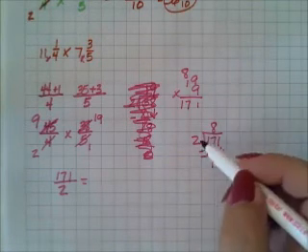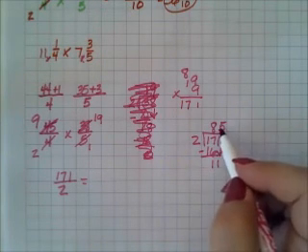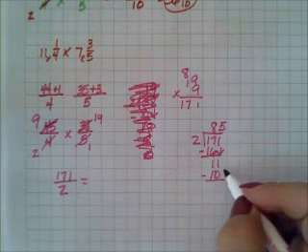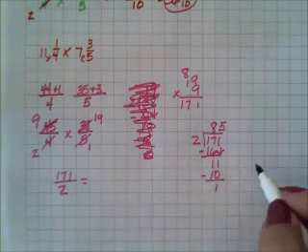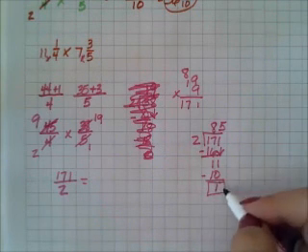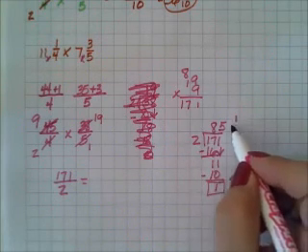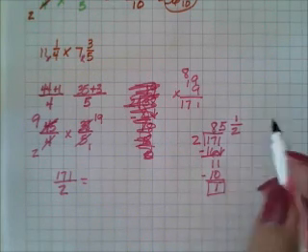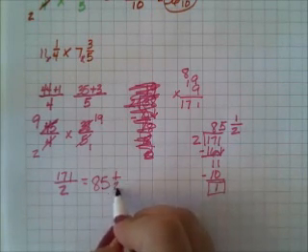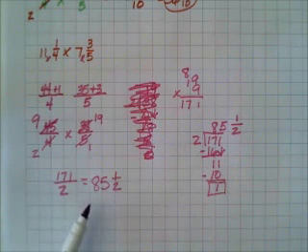Now we divide again. 2 goes into 11 5 times. 5 times 2 is 10. Now we subtract. 11 minus 10 is 1. So this is our remainder. To change our remainder into a fraction, we take our leftover remainder, which is 1, and put it over our divisor, which is 2. So this answer is 85 1/2. When you change this improper fraction to a mixed number, it is 85 1/2.